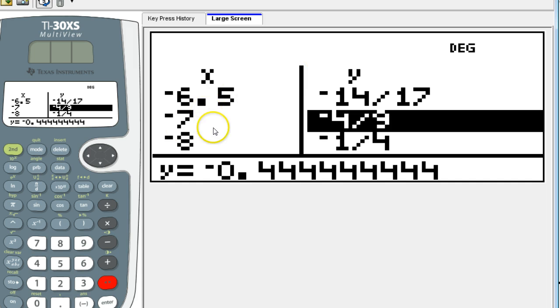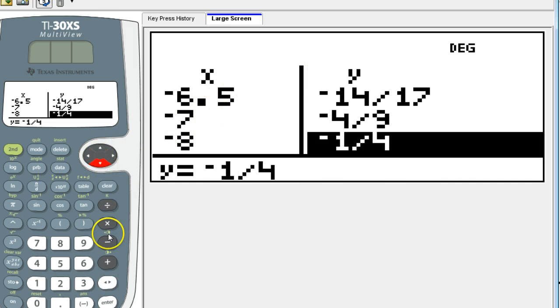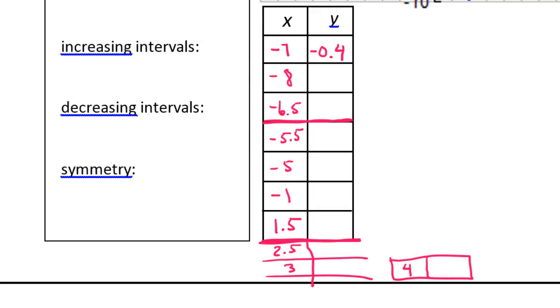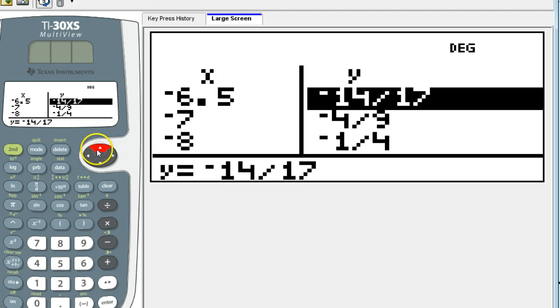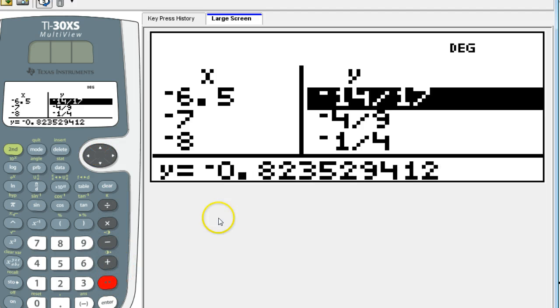At -8, that's -0.25. And at -6.5, that's -0.8.